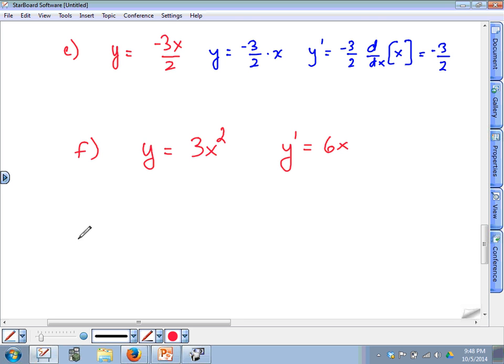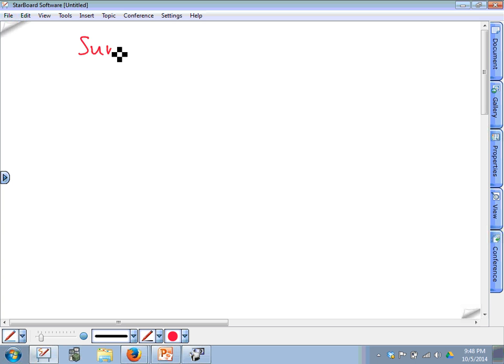So anyway, the next objective here we go. We're going to be looking at the sum and difference rule.